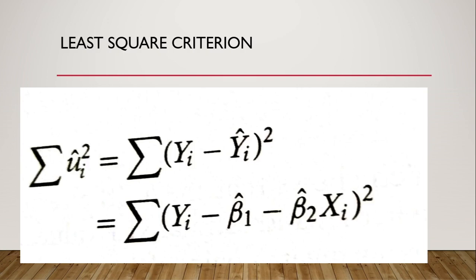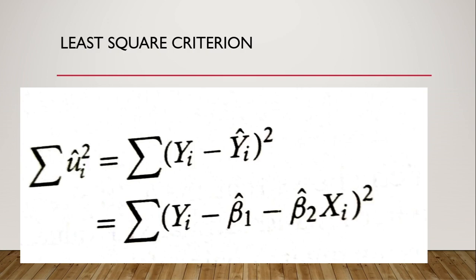We know that ui is equal to yi minus yi hat. So sigma ui hat square is equal to sigma yi minus yi hat, the whole square. We are finding the deviation between actual y values and the estimated y values, squaring that and adding all the squared residuals.